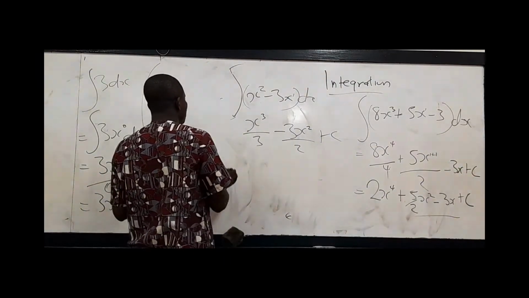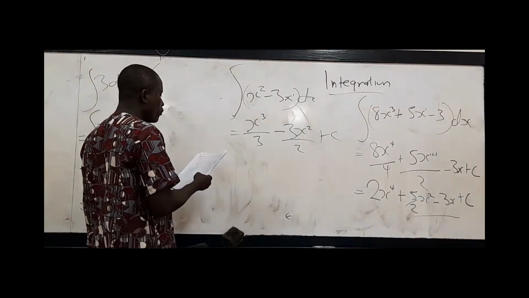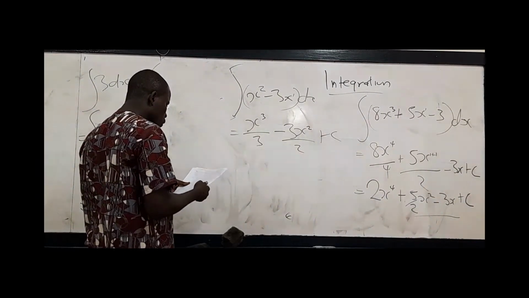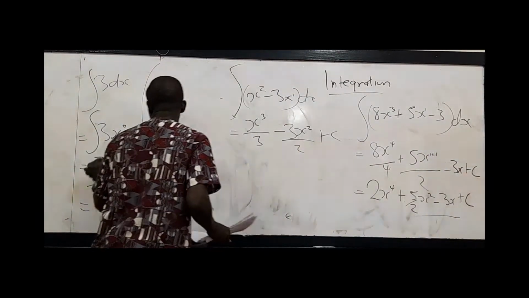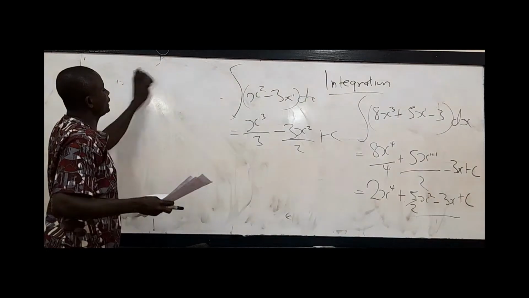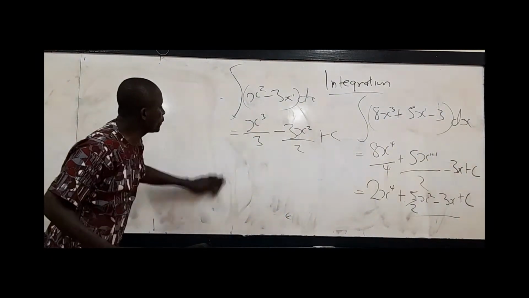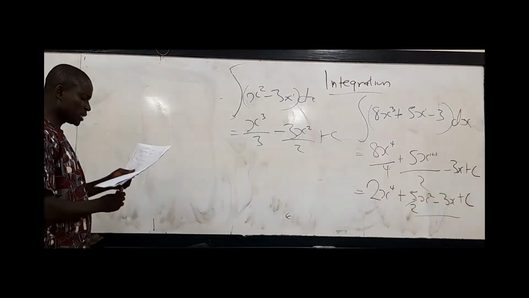So that's it. Now we can move on. We want to look at integration in a different way. Let's move a bit deeper. It's just like we have the function of function when we were dealing with differentiation. So let's see this one.